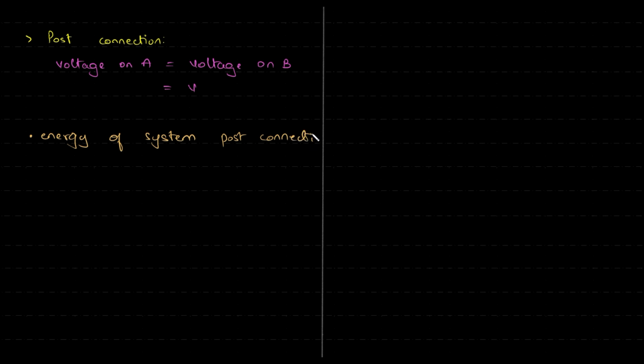Post connection, what's happening? We'll call it UF. This will be equal to half C1 V square plus half C2 V square. Very simple. But of course, we have to express it in terms of the initial conditions. For that, what will we do? Well, I can substitute for V.